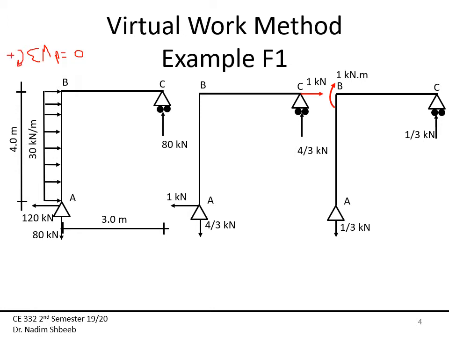Then 80 is going to be counterclockwise, so that's going to be minus 80 times 3, right, plus 30 times 4 squared over 2.